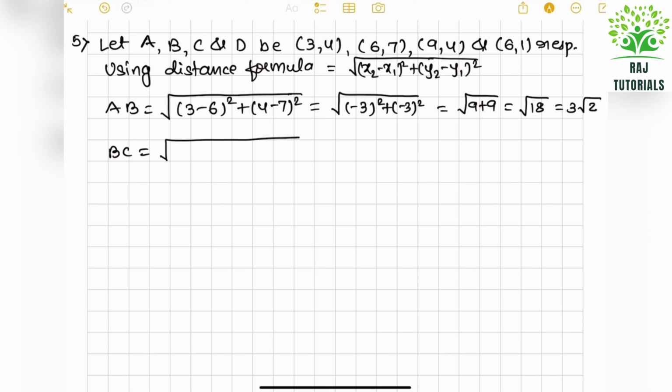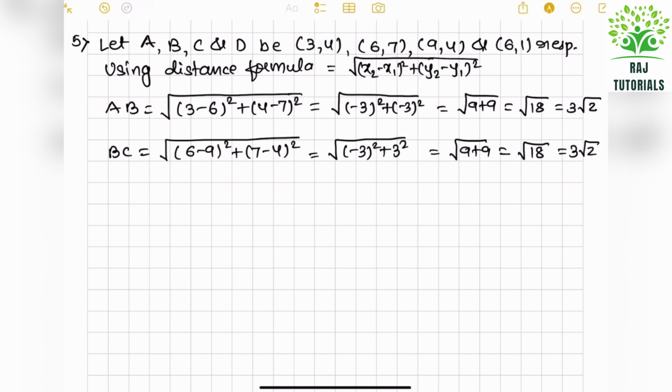Now BC will be equal to 6 minus 9 whole square plus 7 minus 4 whole square. So that will be -3 whole square plus 3 whole square. So that will be 9 plus 9, so root 18. So 3 root 2.